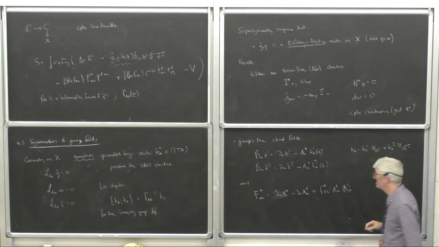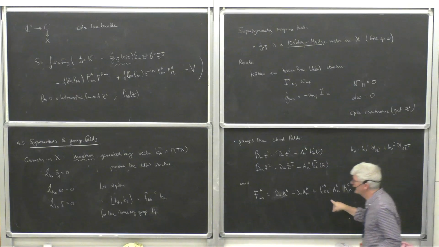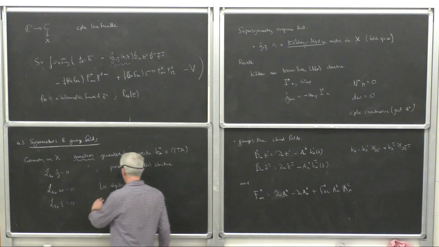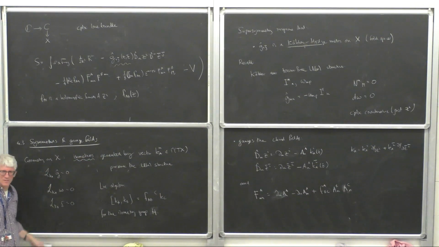So they become some non-abelian field strength, and the non-abelian nature is controlled by this Lie algebra of these isometries on the space.